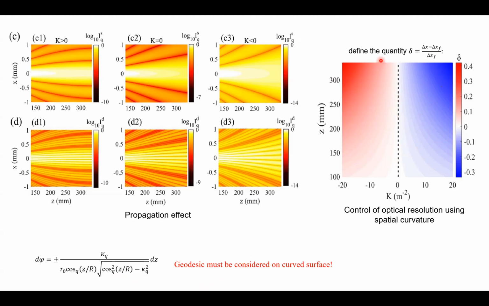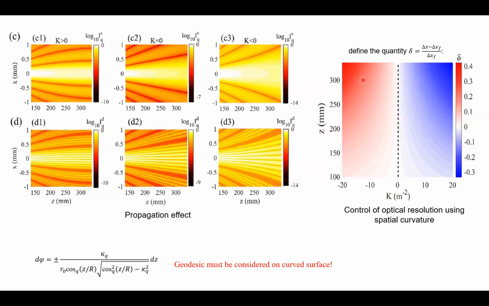Firstly, we define a quantity delta, which represents the relative difference between the beam width in curved space and in flat space. And this figure shows that delta varies with k, the Gaussian curvature, and the propagation distance.